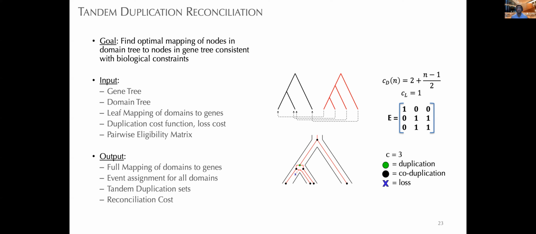This matrix uses the position information I described previously to determine whether any pair of domains could have been involved in a tandem duplication event. Our output is going to be a full mapping of domains to genes, as well as an event assignment for all domains. We use a parsimony approach, so we also output a reconciliation cost for our reconciliations.